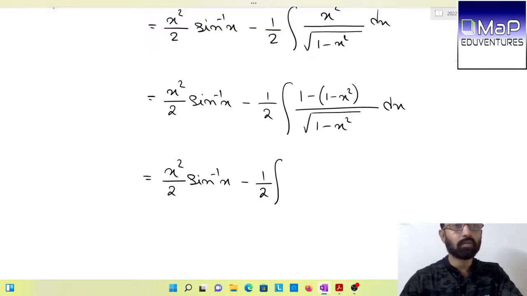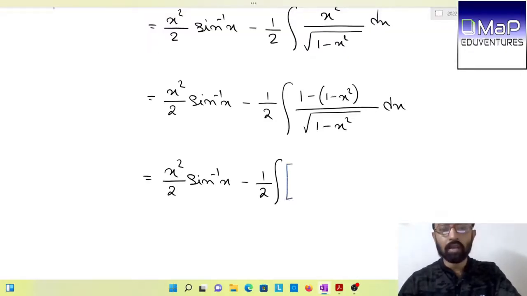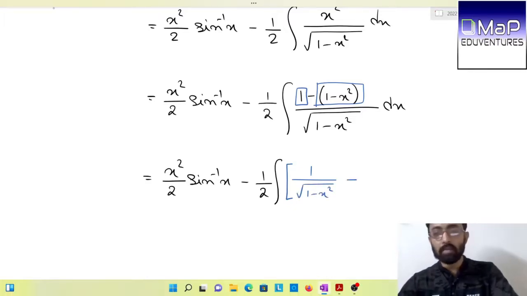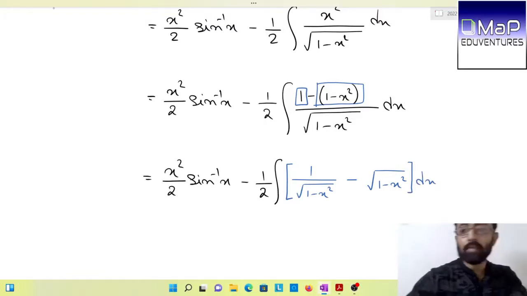integration of, take a bracket and split into these two parts, dividing by the denominator. In the first part we get 1 by under root 1 minus x square, minus, in the second part it cancels, and what remains is under root 1 minus x square dx. Okay. Now remember this trick.